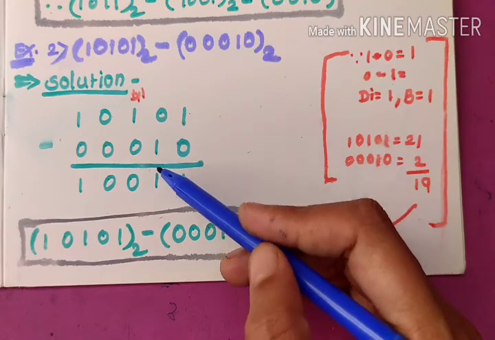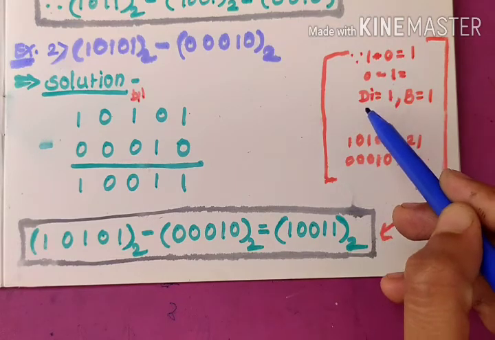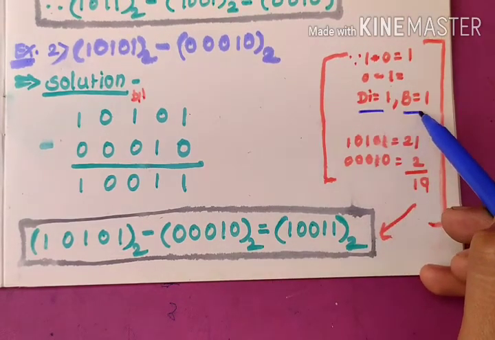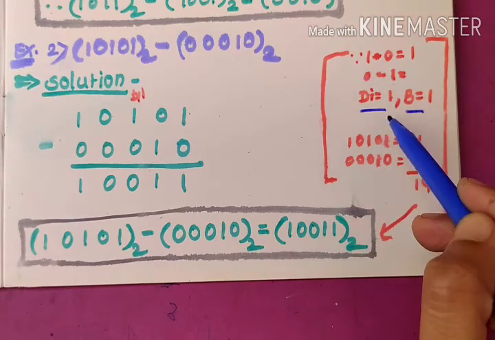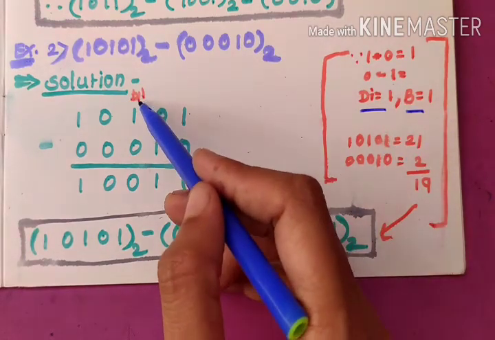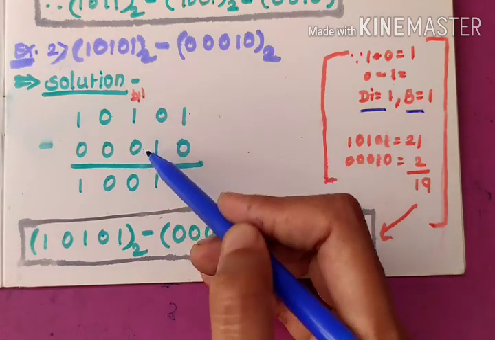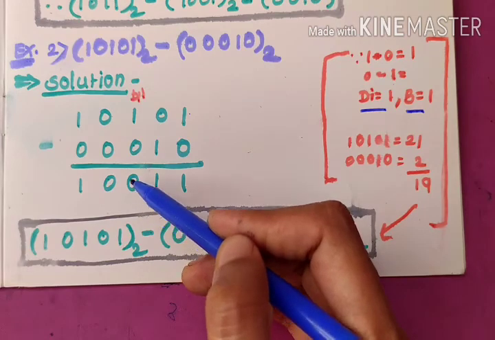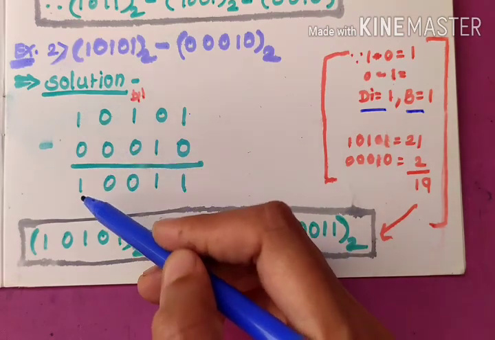Then 0 minus 1 is equal to difference 1 and borrow 1. See, this is the rule of binary subtraction. If we have to subtract this 1 from 0, then difference 1 and borrow 1. So by applying this rule, this borrow 1 is here. So this borrow 1 and this 1 will get 0. Then 0 minus 0 will be 0. Then 0 minus 0 equal to 0. 1 minus 0 is equal to 1.